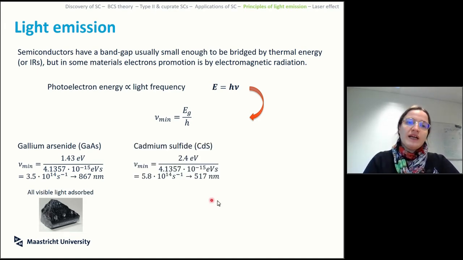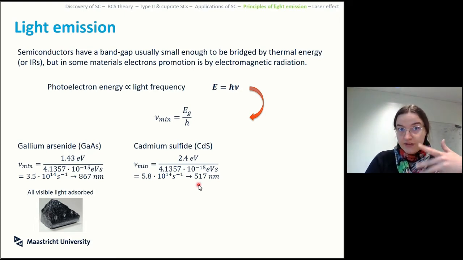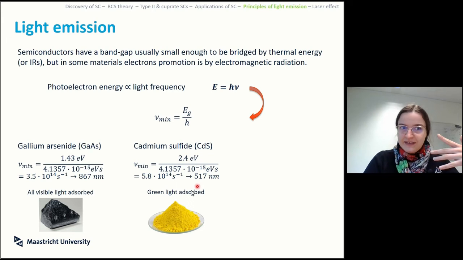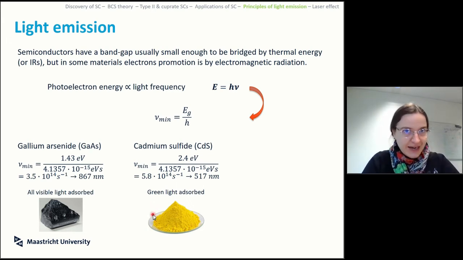When you move to something like cadmium sulfate, the band gap becomes larger, so you have a 2.4 electron volt band gap, which corresponds to a minimum wavelength for the bridging of 517. Now this is a visible light point, enough to make your material yellow, because it's absorbing green, getting out yellow light.